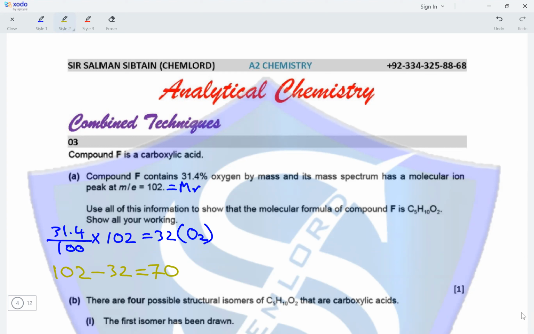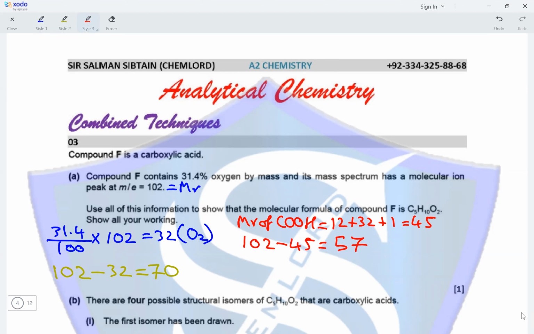So now the next step would be to subtract the mass of COOH. So Mr of COOH would be 12 plus 32 plus 1. So this is 45. So out of a total of 102, if we subtract 45, we are left with a mass of 57.